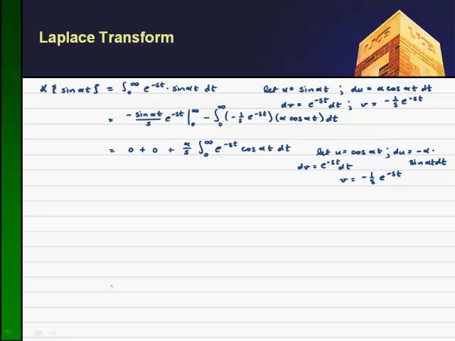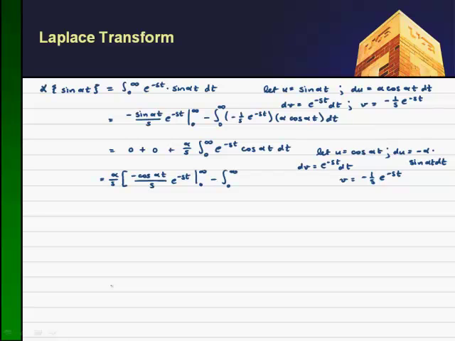So now I'm going to have an alpha over s times this integral. I think of this again as a function times the derivative of another function. So I'll keep my alpha over s times, uv, which gives me minus cosine alpha t over s e to the minus st, evaluated from 0 to infinity, minus the integral from 0 to infinity of v du.